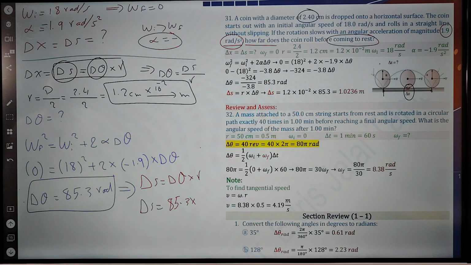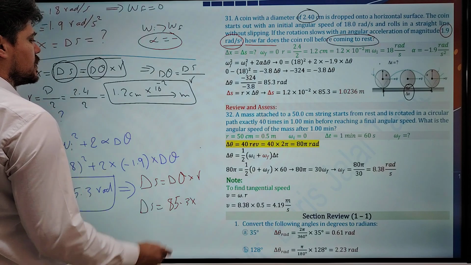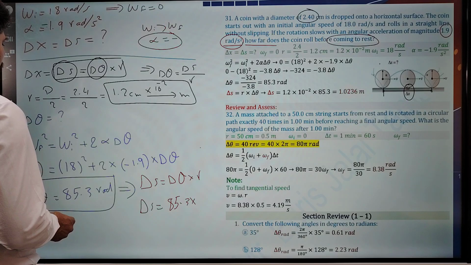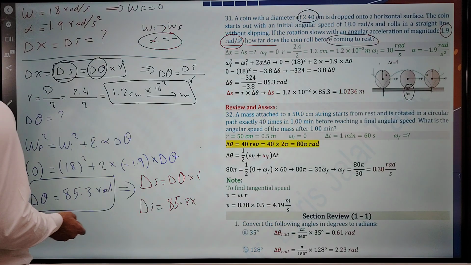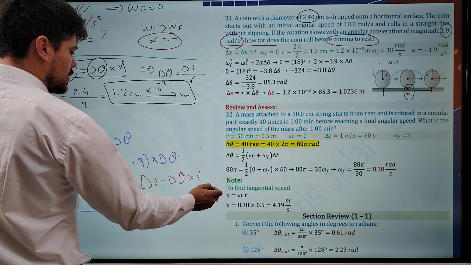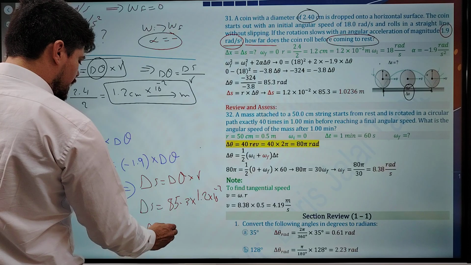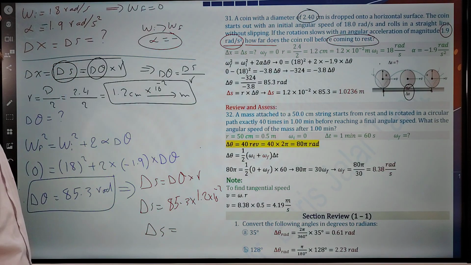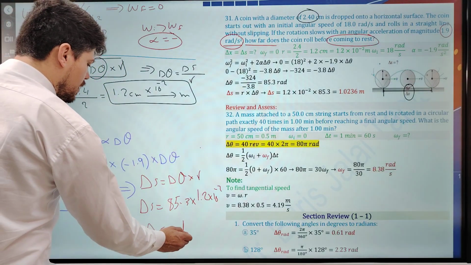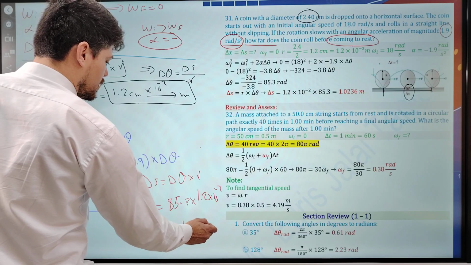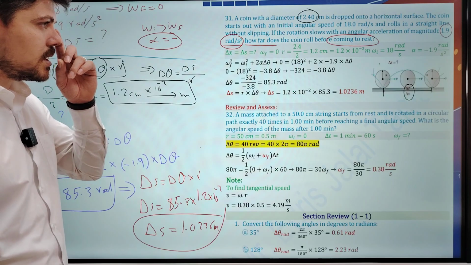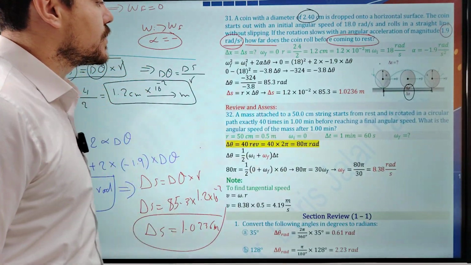The radius was also not given, but instead the diameter was given, and the diameter is equal to twice the radius, so the radius is half of the diameter, which is 1.2 times 10 power negative 2. So delta S, or how far the coin rolled before coming to rest, is 1.0236 meter. So this coin covered this distance when it is rolling on the rough surface.